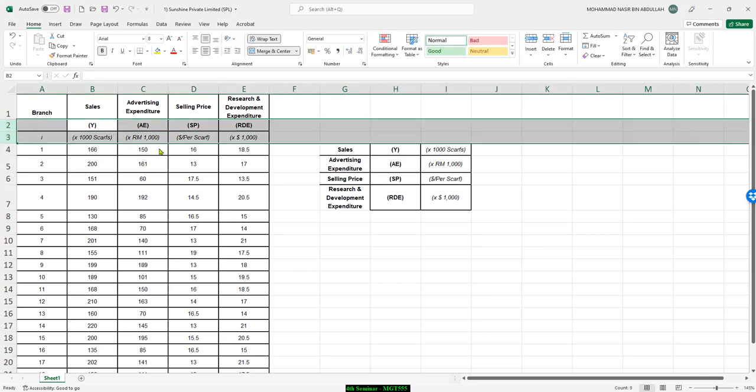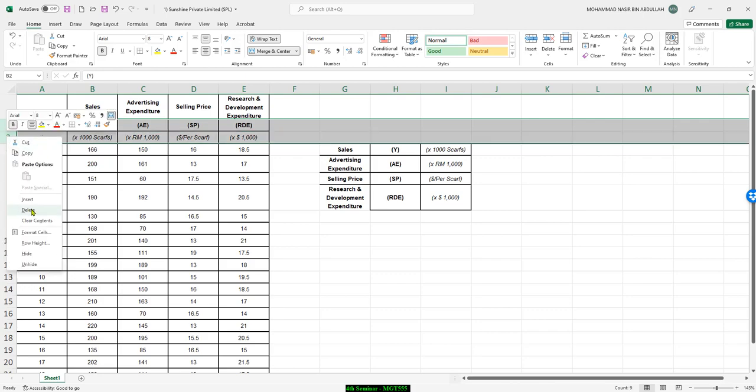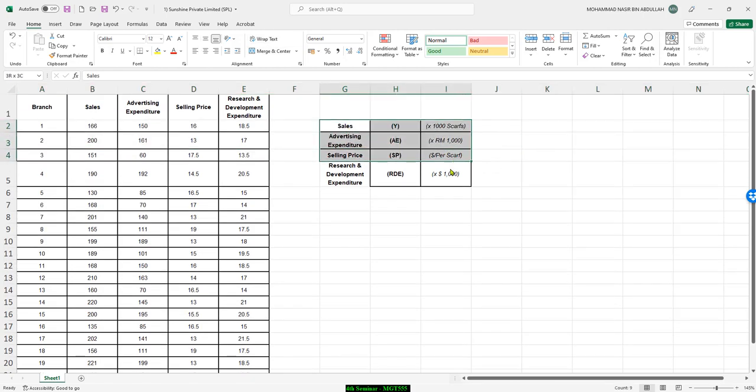Right. So bila nak buat analysis, kita kena make sure our data is clean. Apa-apa notes kita letak kat sini mesti clear. So dekat sini I nak buang. So I highlight these two row, I remove, delete. Right. So I tinggal dekat sini the information dekat sini I biarlah.